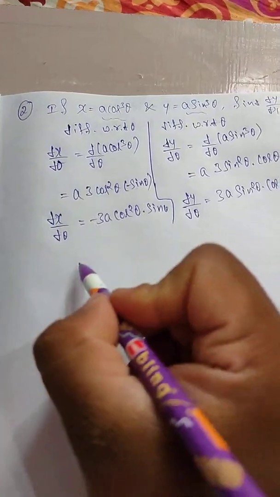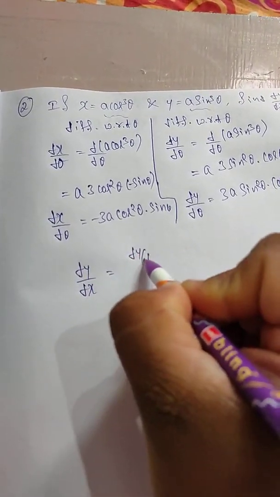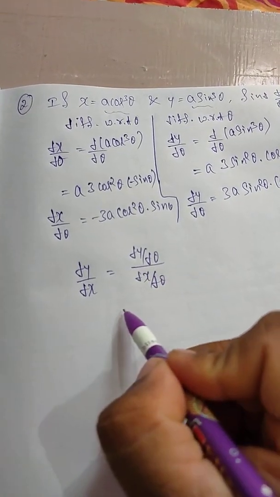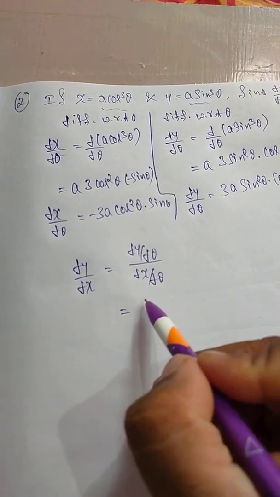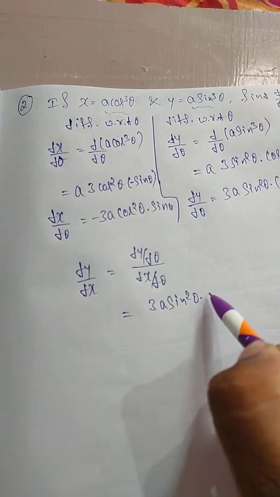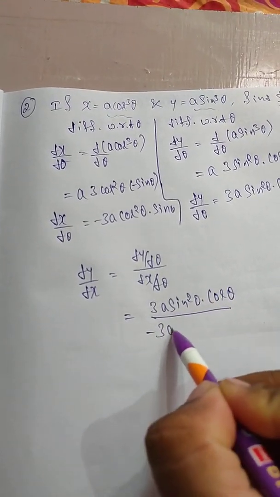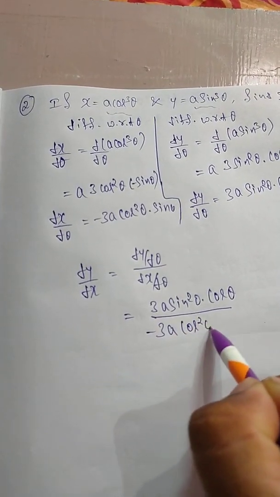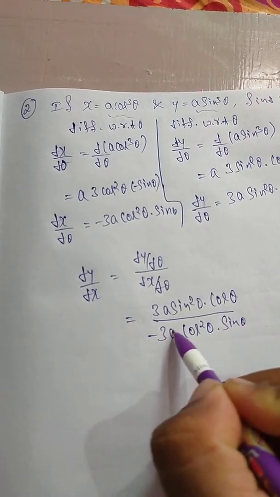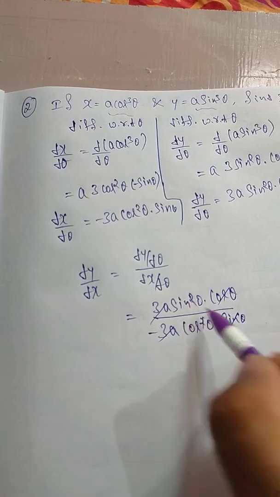Now you want to find the dy by dx. dy by dx is equal to dy by d theta divided by dx by d theta. Now dy by d theta is 3a sin square theta into cos theta by minus 3a cos square theta into sin theta. 3a cancels, cos theta cancels, sin theta cancels.